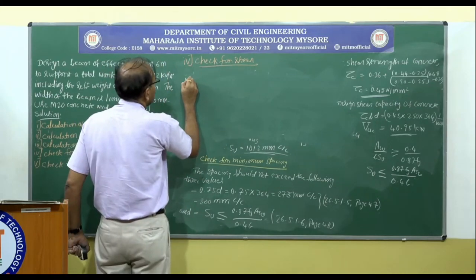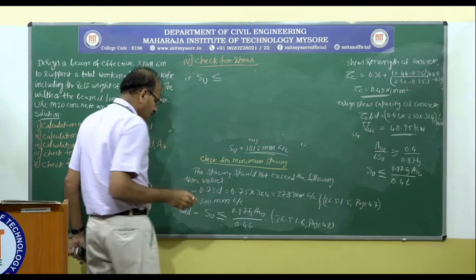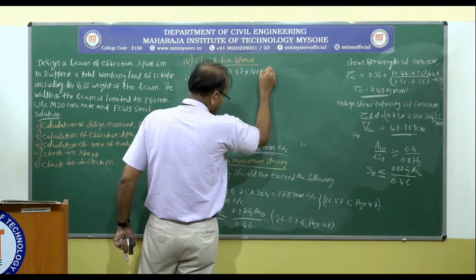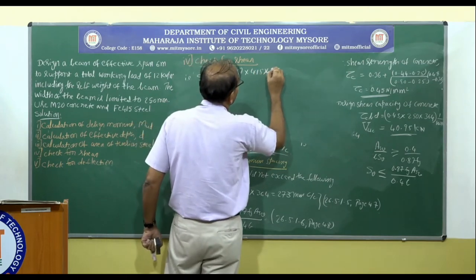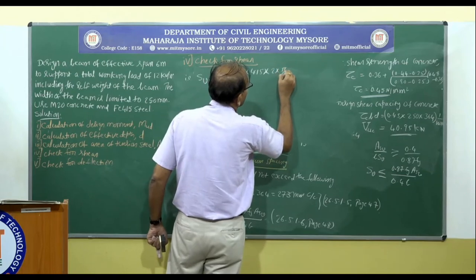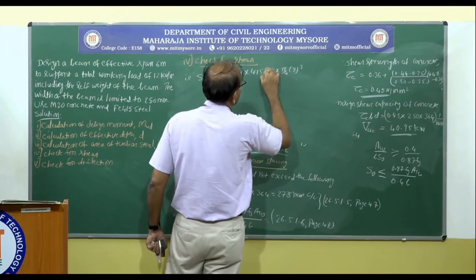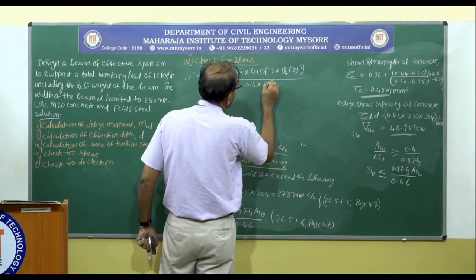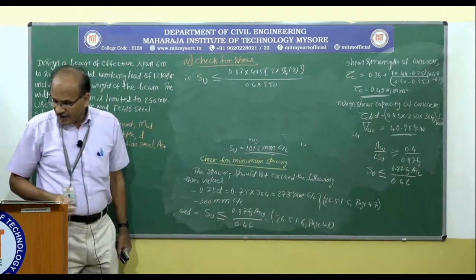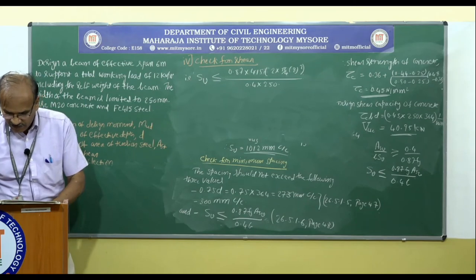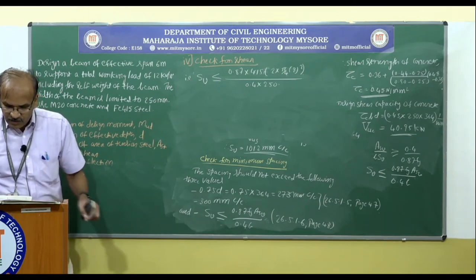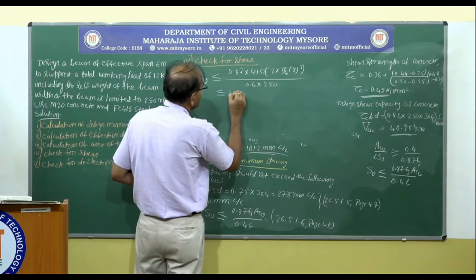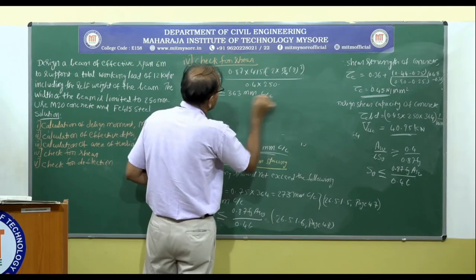That is, SV should be less than equal to 0.87 into 415 into ASV is 2 leg stirrups divided by 0.4 into 250, and the value is 363 millimeter center to center, should be less than equal to 363 millimeter center to center.